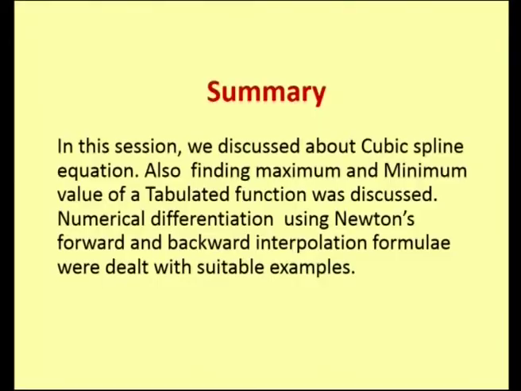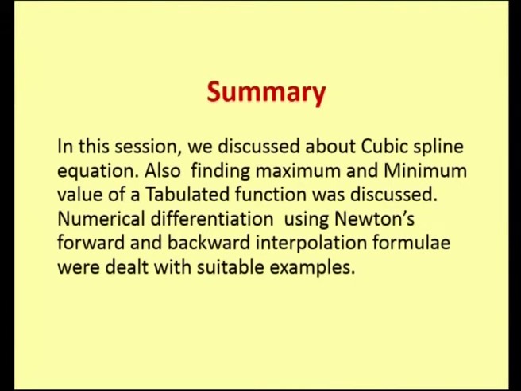This is how a minimum or maximum value of y is found for a tabulated function. In this session, we discussed a special polynomial called the cubic spline polynomial. Derivation of the cubic spline polynomial was done for a particular example. Also, interpolation using cubic spline and numerical differentiation using cubic spline were done in the same example.